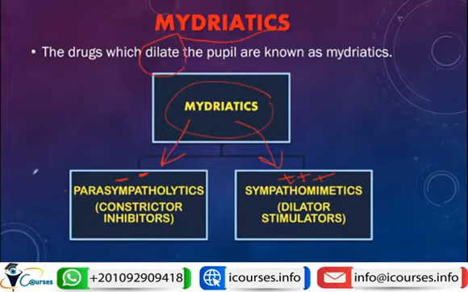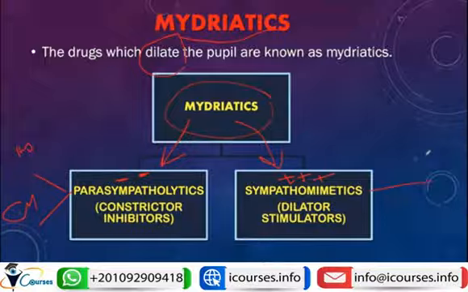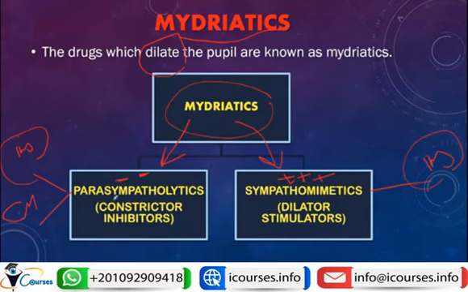The parasympathetic system is present in two areas, while the sympathetic is present in one area specifically. The parasympathetic is present in the iris, in the sphincter pupillae, and in the ciliary muscle, while the sympathetic is present in the iris. So although the sympathomimetic can dilate the iris and the parasympatholytic can dilate the iris, the parasympatholytic can also relax the ciliary muscle by inhibition of the parasympathetic, as the parasympathetic stimulation will constrict the ciliary muscle.